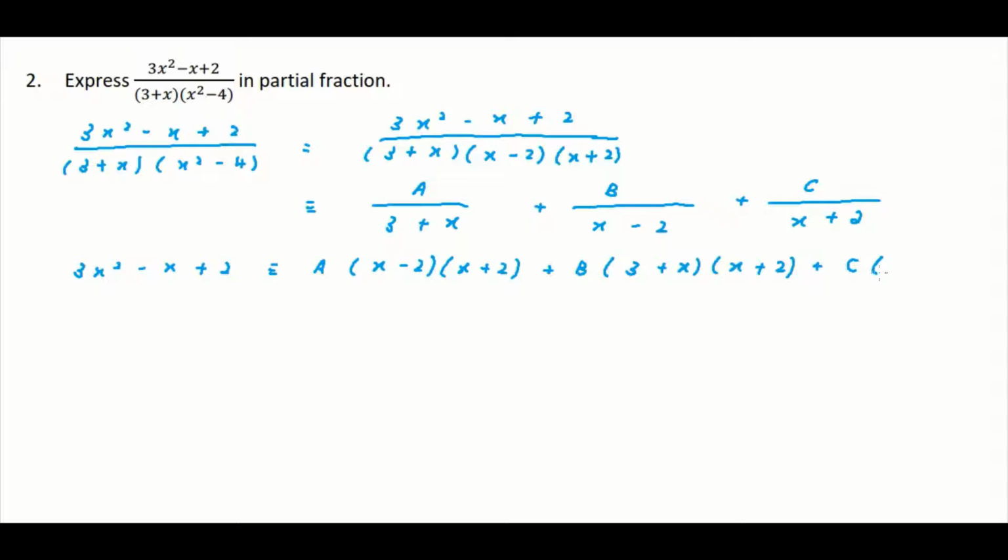Each of the factors you are going to multiply, so 3 plus x and after that x minus 2.